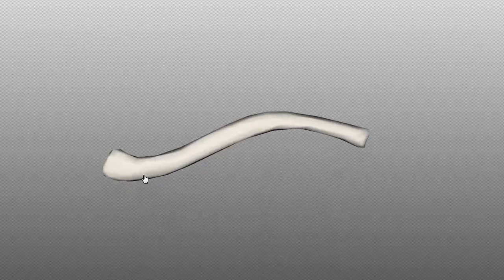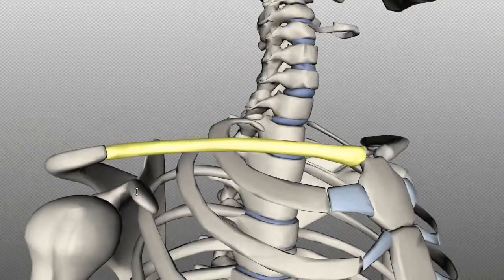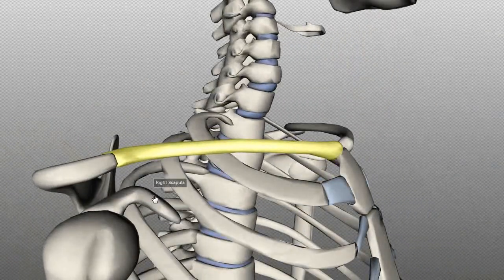Approximately here you have this little bony outgrowth called the conoid tubercle, where the coracoclavicular ligament attaches. The coracoclavicular ligament attaches the coracoid process, so the coraco part of that word, to the clavicle.